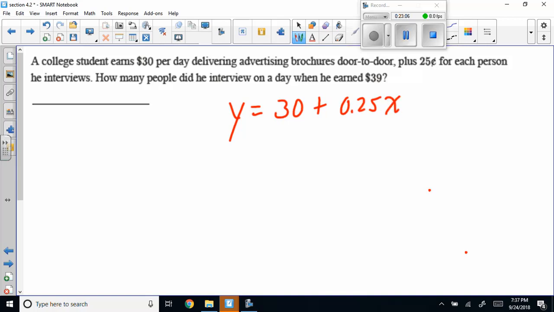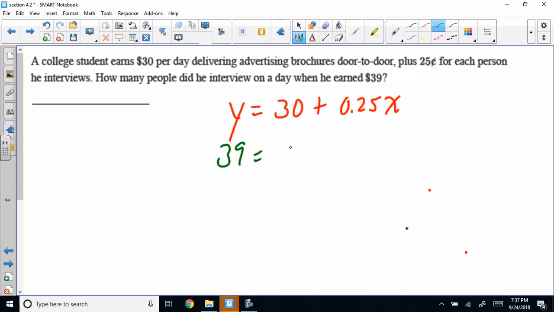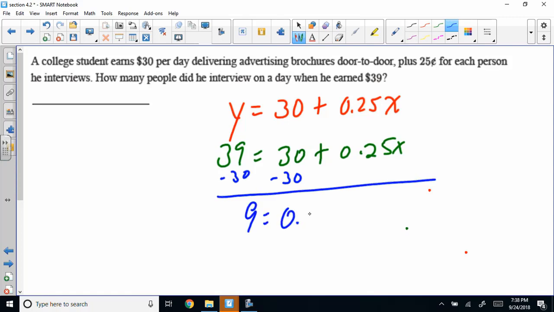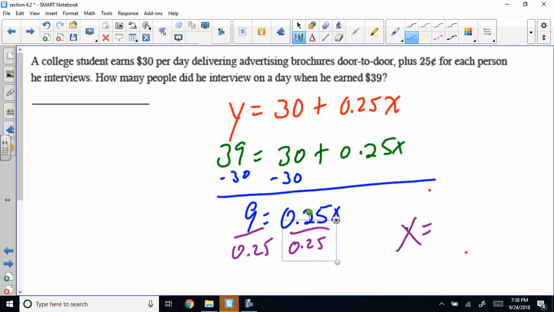If he earned $39, that's an output, right? So that's 9 divided by 0.25. That's going to go up because that's a big one divided by a smaller one. So that's 36 people, right? Fair enough?